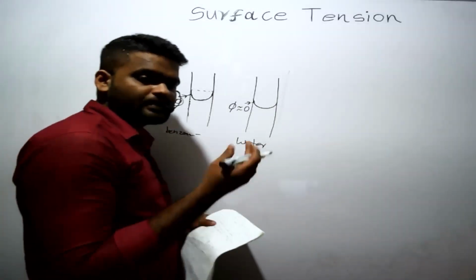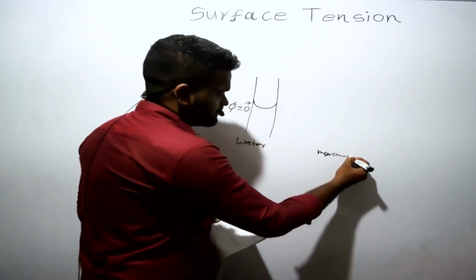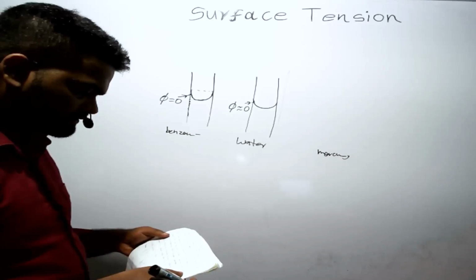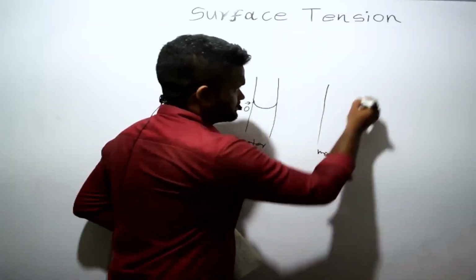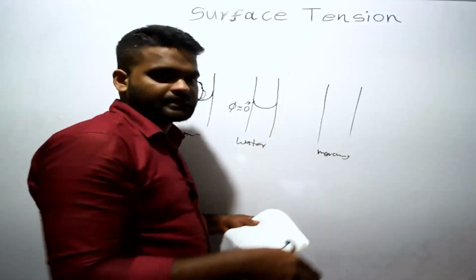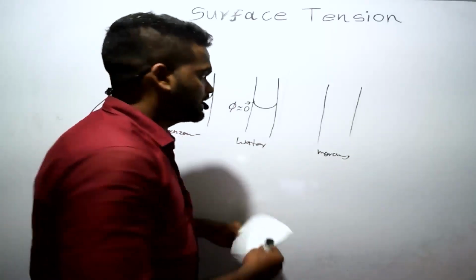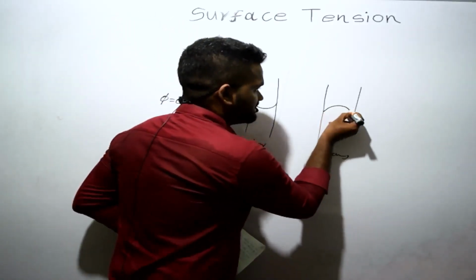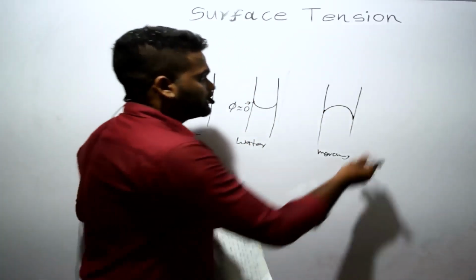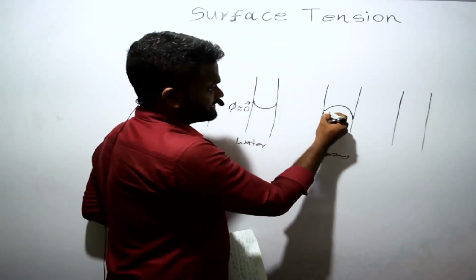Let's say we have something like mercury. What happens? Mercury particles are very attracted to each other, right? They attract towards the liquid. Then it takes this shape, mercury. Then what is the contact angle between this one and the tangent drawn here?